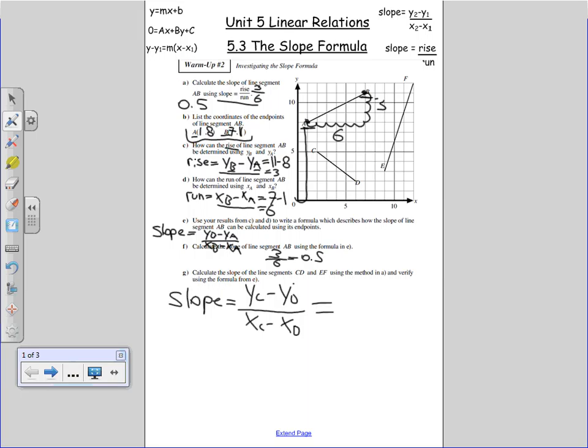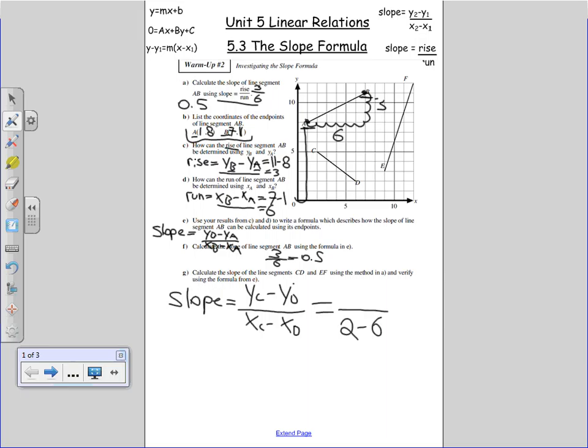What's our x value of C? At point C, what is x? What's the x value at C, guys? 2. So that goes on the bottom there. What's the x value of D? 6. So on the bottom you have 2 minus 6.